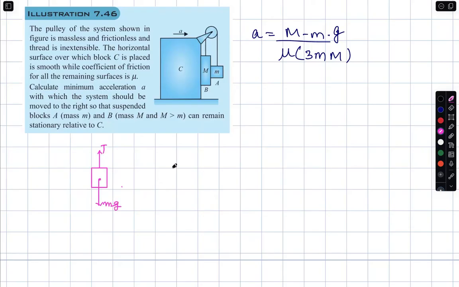Weight force. Don't forget there is a pseudo force also, because I am doing all this in the reference frame of C. So this will experience a pseudo force, and a corresponding reaction force N1.